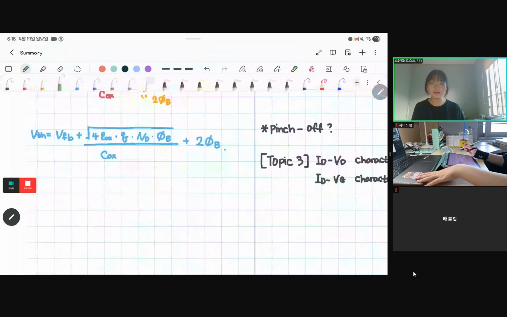But be aware of the polarity of this and this when we use an N-type substrate for the MOSFET.